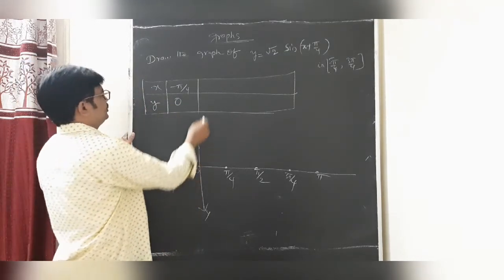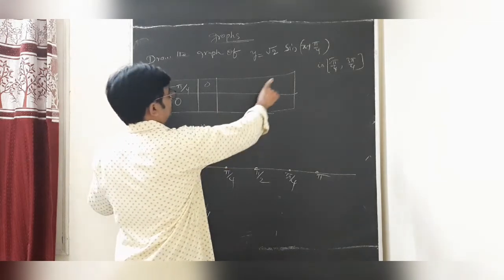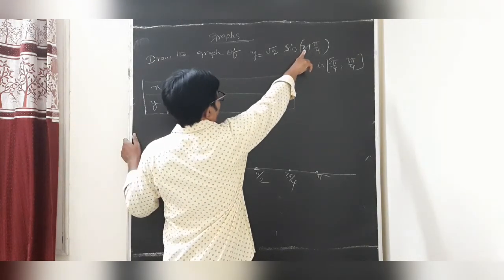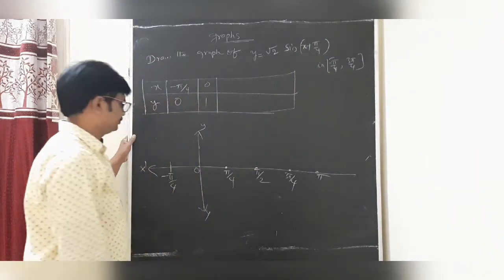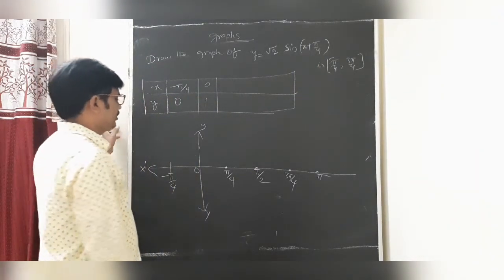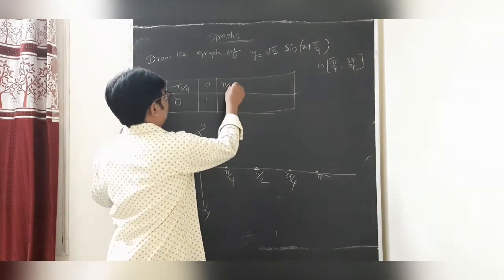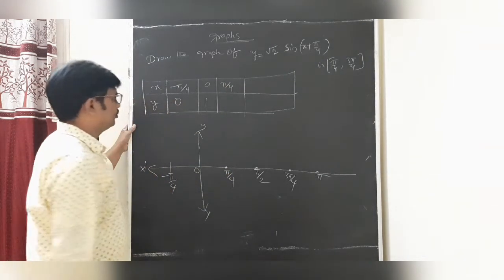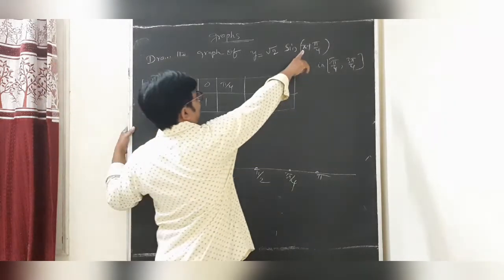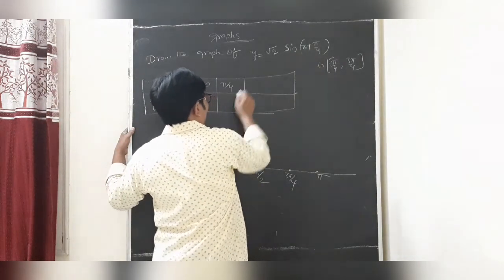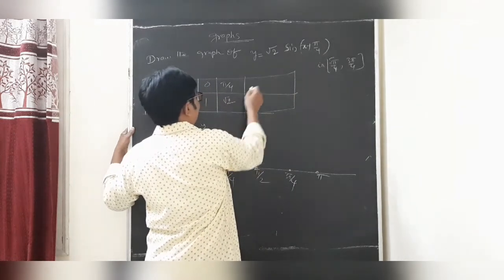After that, when we take 0, sin of 45 is 1 by root 2, cancel, that will be 1. After that, pi by 4. When we take pi by 4, pi by 4 plus pi by 4 is 90, sin 90 value is 1, that is root 2.